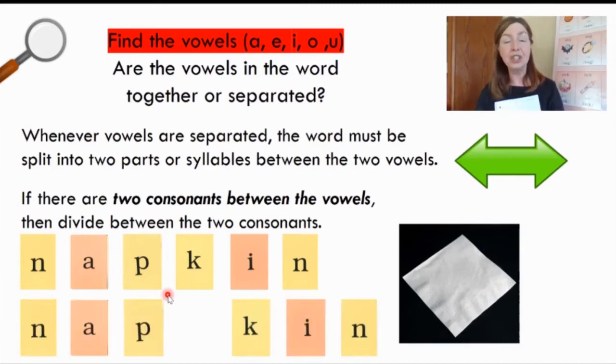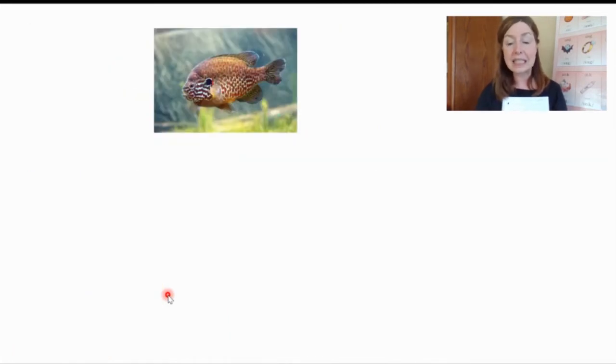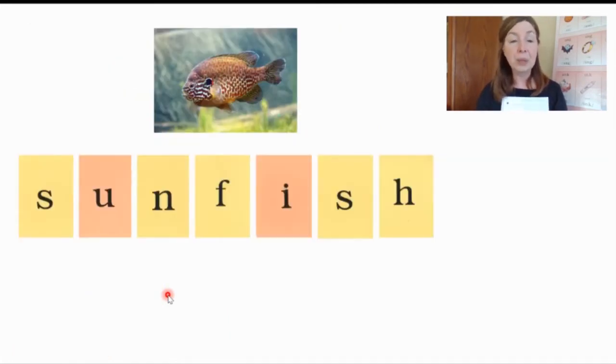Napkin. Touch your syllable frames as we say each part. Napkin, napkin. Try this one. This is a sunfish. Let's break it apart into its 2 syllables. But first, remember we have to look for the vowels. U and I. We found them and we noticed they are separated.